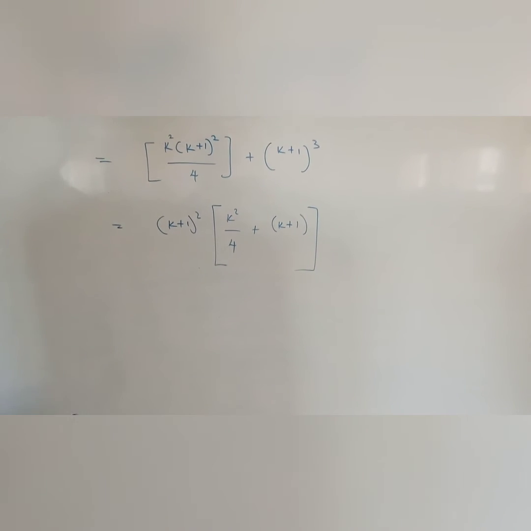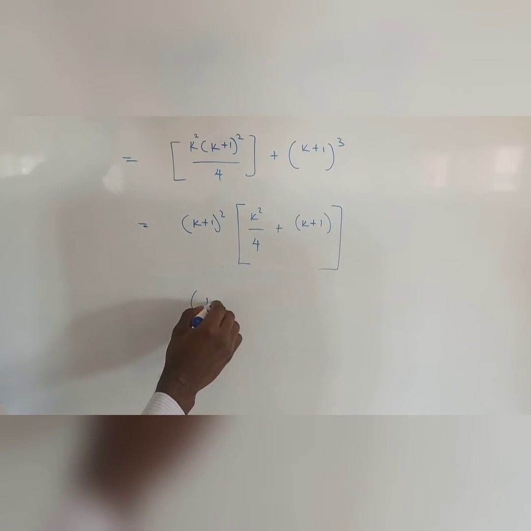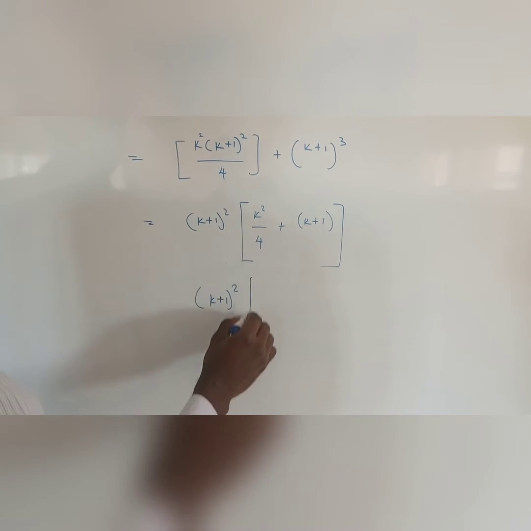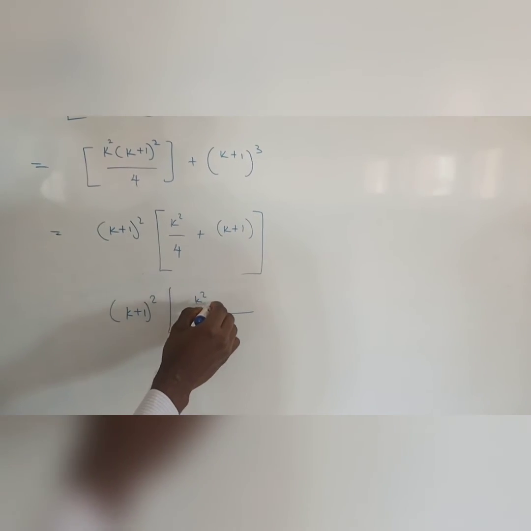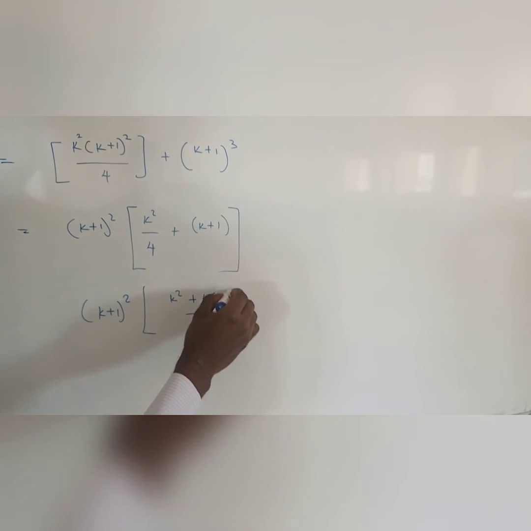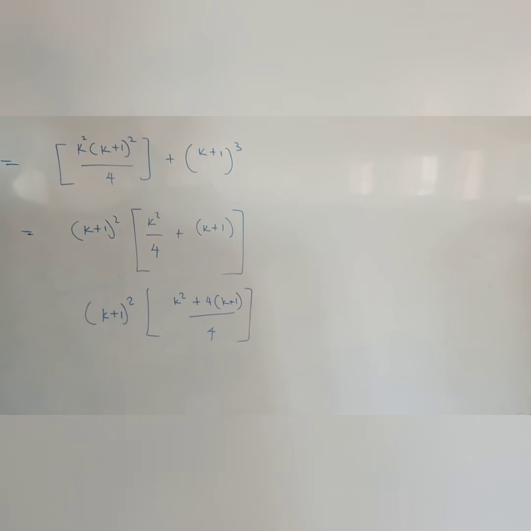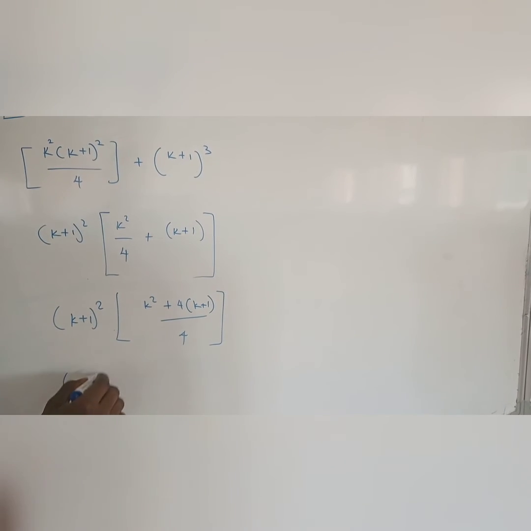Now taking the LCM of this and this to sum, we're going to have over 4, k squared plus 4(k plus 1), and (k plus 1) squared.